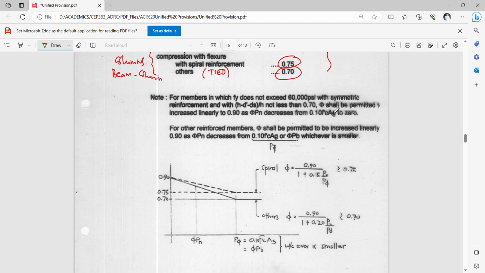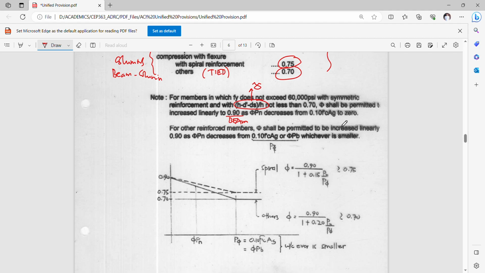So for members in which Fy doesn't exceed 60 ksi and with symmetric reinforcement, noting that your (h - d - d') over h is known as your gamma factor for columns, if gamma is not less than 0.70, we shall be permitted to increase phi linearly to 0.90, which is for a beam, as phi Pn decreases from 0.10 fc' Ag to 0.